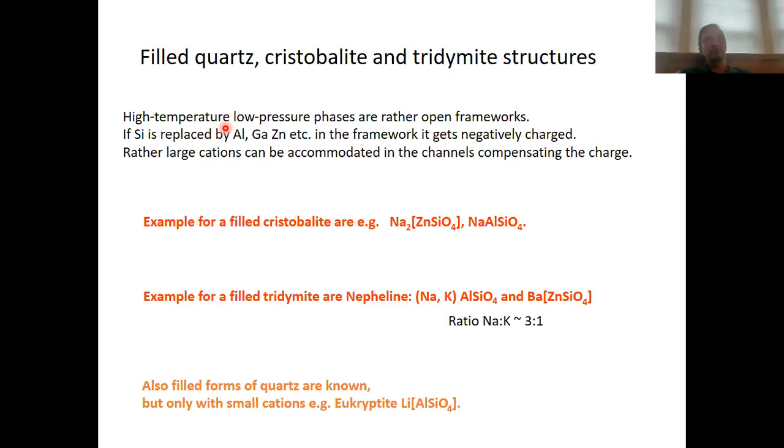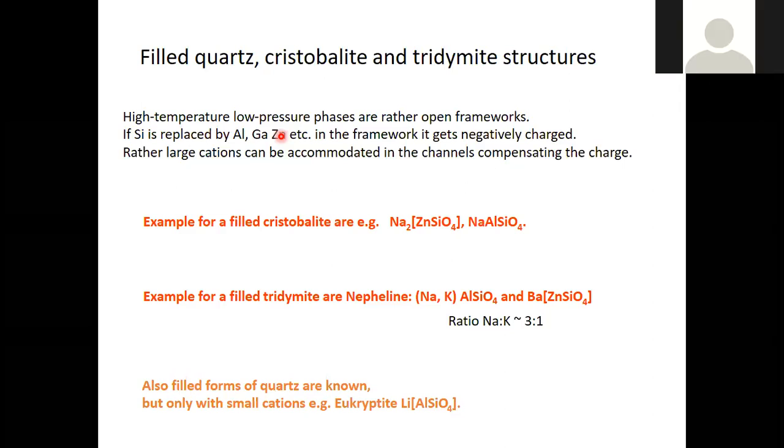We can do this, for instance, by replacing silicon by aluminum, because tetrahedral aluminum has one negative charge added. The same with gallium. When we have a divalent ion, then there are even 2 formal negative charges at the ion.